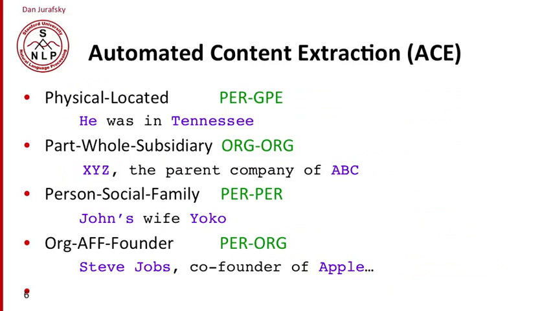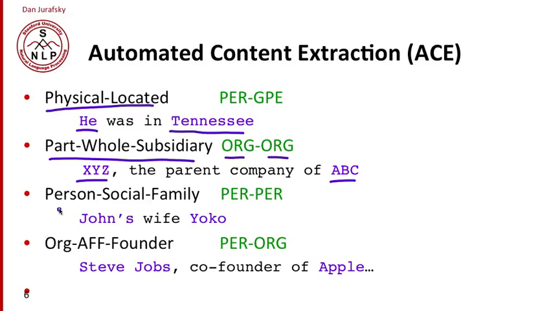And so, for example, we might have the physical located-in relation, and that might hold between a person like he and some kind of geopolitical entity like the state of Tennessee. Or a part-whole subsidiary relation that might hold between two organizations, the first organization being the parent company of the second organization.